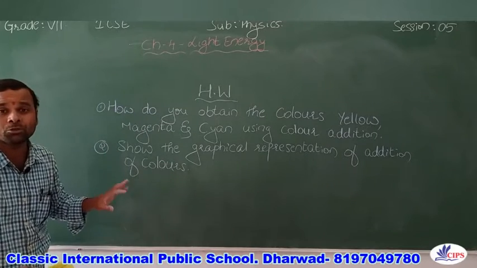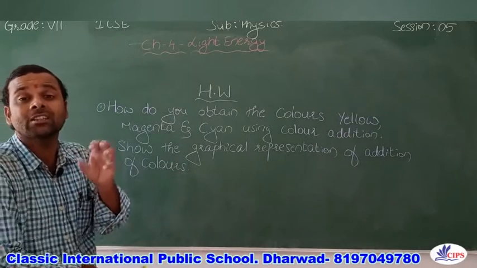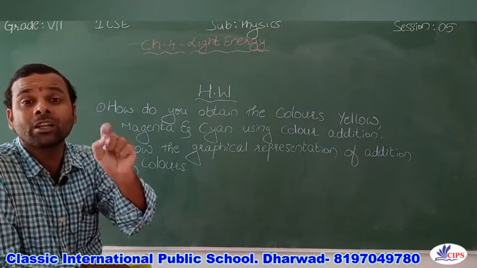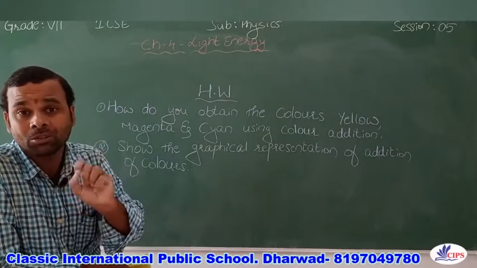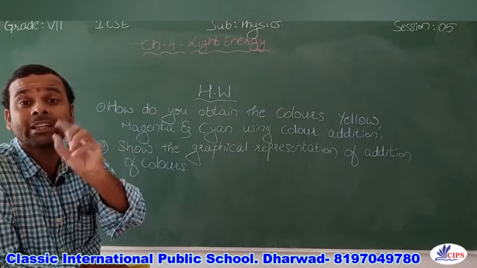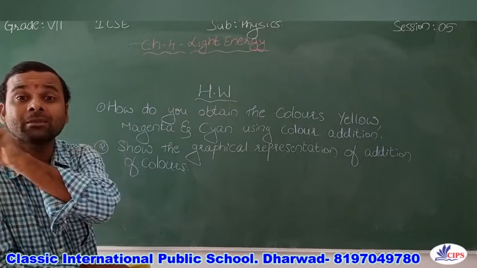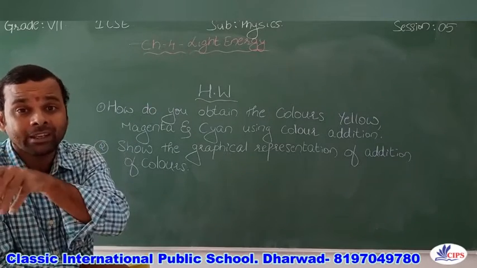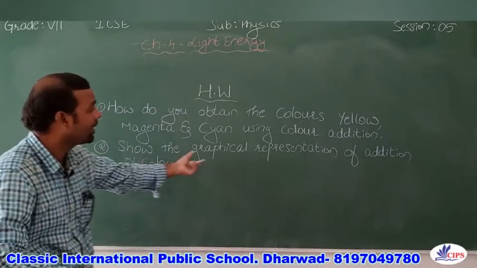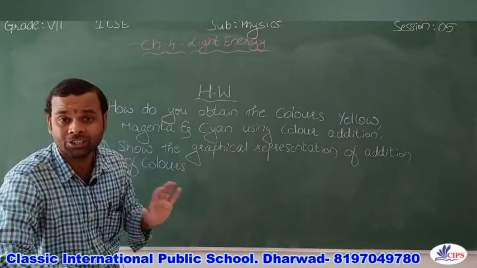So this is what you are supposed to do. Along with the graphical representation, you must also show the equation form, right? So when red and green are combined together, you get yellow. So R plus G equals Y. That equation must also be written along with the graphical representation.